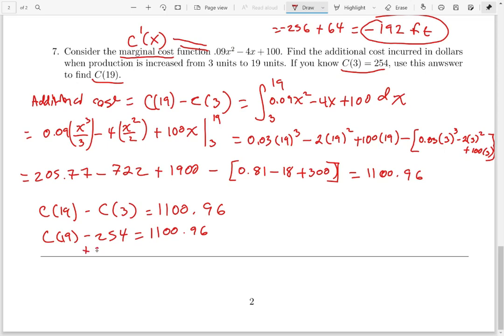If that's the case, you could add 254 to both sides. And so we can get that in this instance, C of 19 would equal 1,354.96.